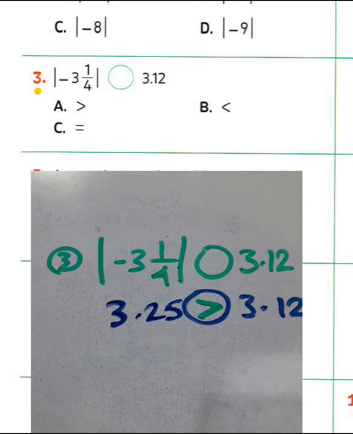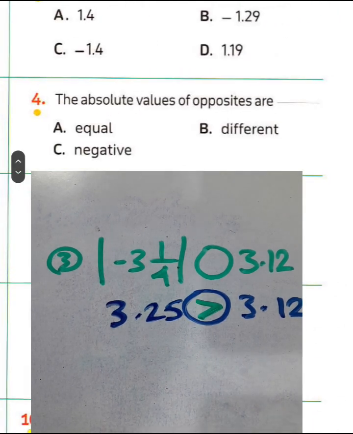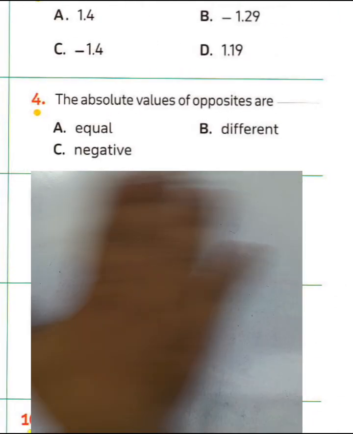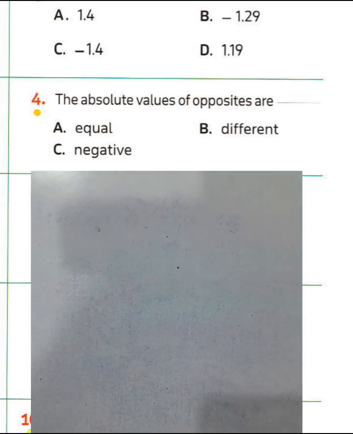Okay. Question number 4. The absolute values of opposites are different, or equal, or negative.